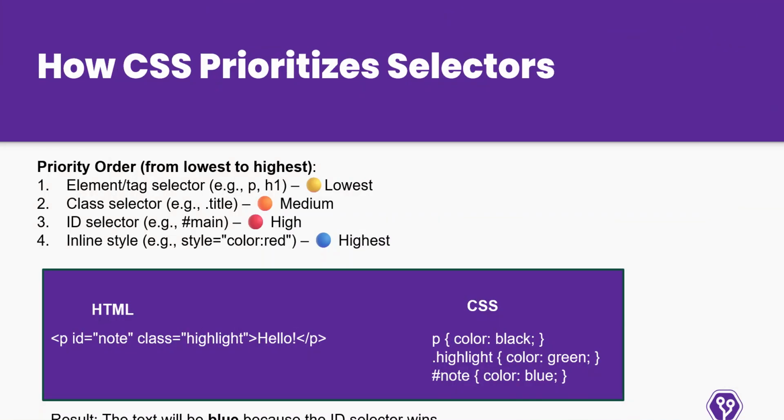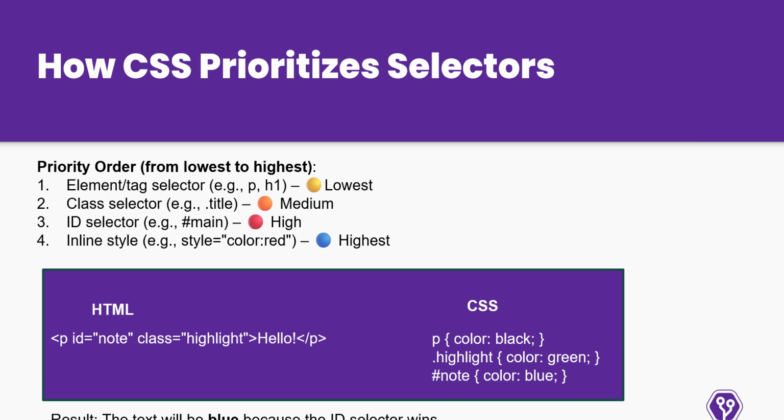Okay, so one thing to notice is that CSS normally prioritizes the selectors, and we learned about the element, class, and ID selectors. The ID selector is normally given high priority with CSS in comparison to something like a class selector, which is given medium priority, and an element selector. A quick way to understand this is by looking at this code file that I've just written. Here I wrote a p tag, a small paragraph with a statement called hello, and I've included all the selectors.